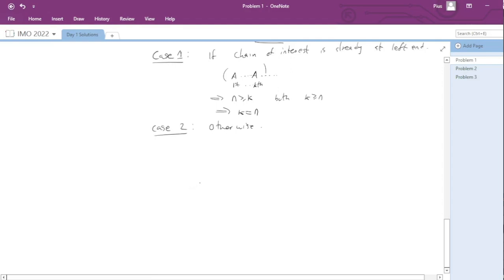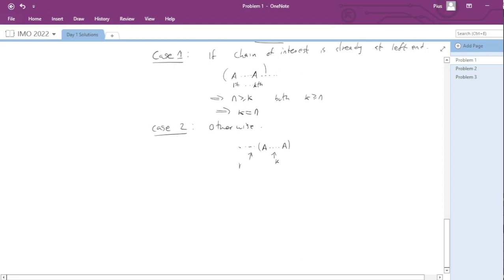So if this is our chain of interest, say we still use A to denote this, it doesn't have to be A. If it's B, we could just change everything alternatively. Okay, so let's say we have a K somewhere here, then we need to have something to the left. Okay, and the immediate part before this string has to be B, so there must be a B chain before the A chain.